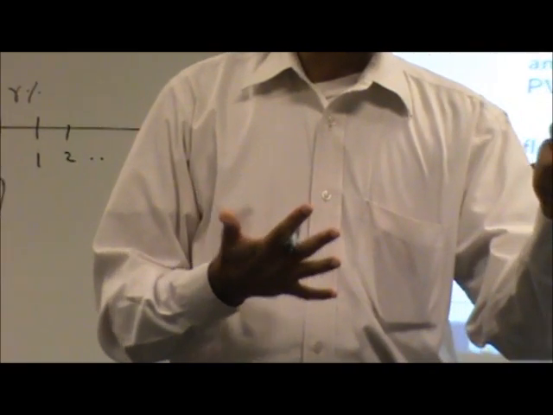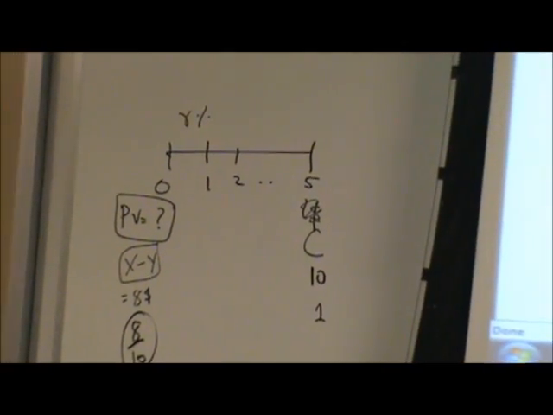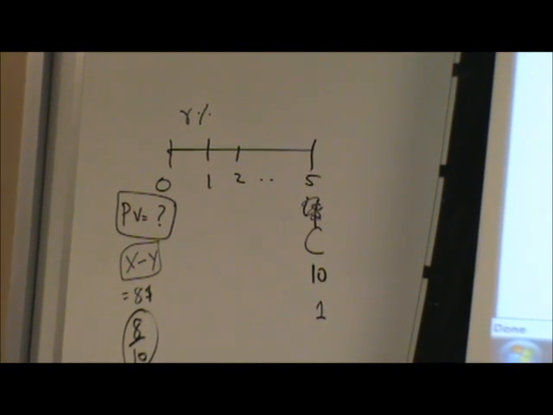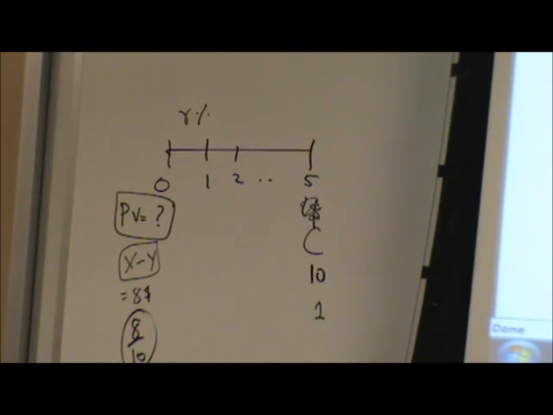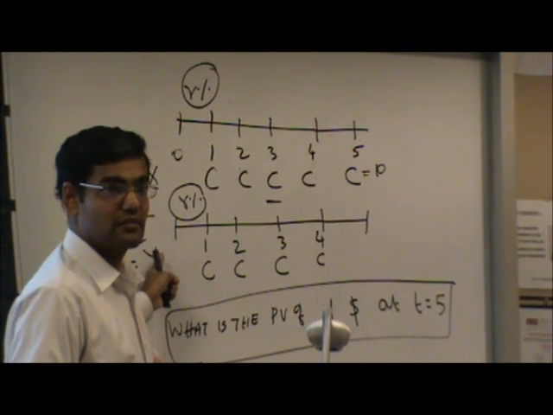The thing you needed to know to solve this problem is that by subtracting this pattern from this pattern, you get a single cash flow. Now the question is, what is the value of that single cash flow? I can subtract and add the present values directly, and that way I get the answer.